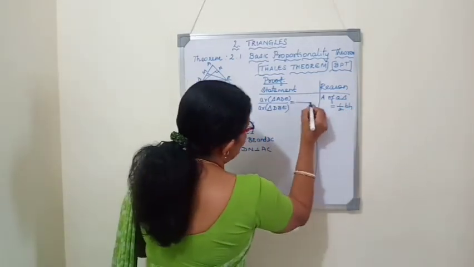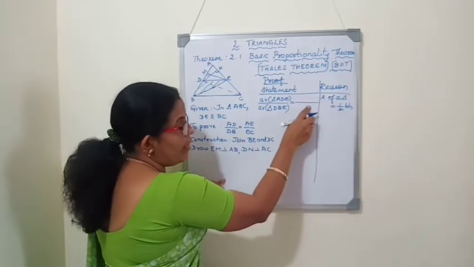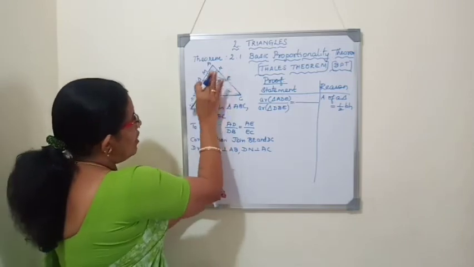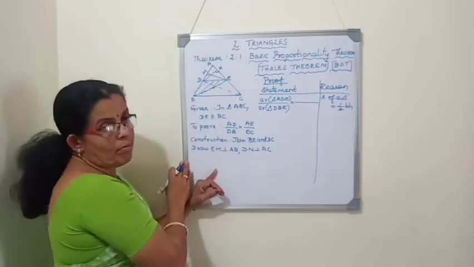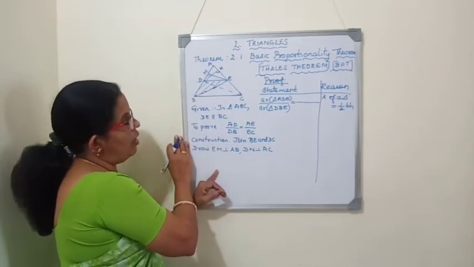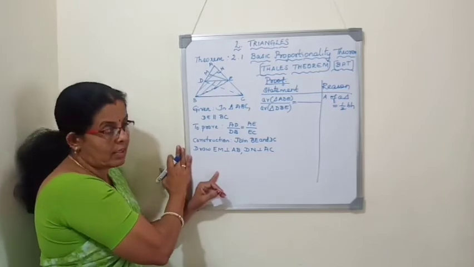Now, in the numerator, what is the area of triangle ADE? We have to apply the formula, and the denominator also. For the top triangle, normally when we draw a triangle, we think that DE is the base. But if in any triangle we draw the perpendicular, then the side where the perpendicular meets should be considered as the base.